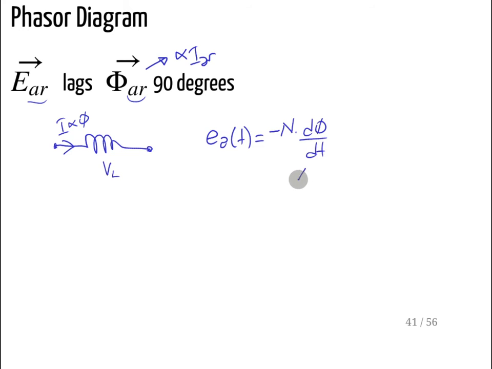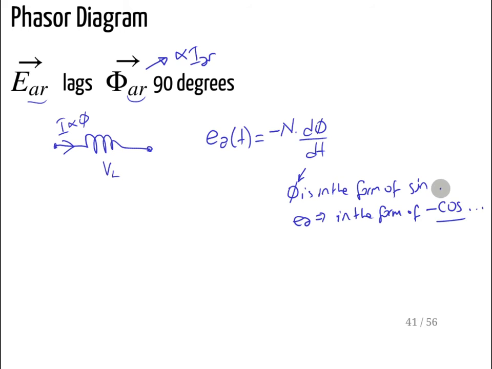In other words, if φ is in the form of sine something, then E_A will be in the form of the sine derivative. There's another minus, so minus cosine something, right?